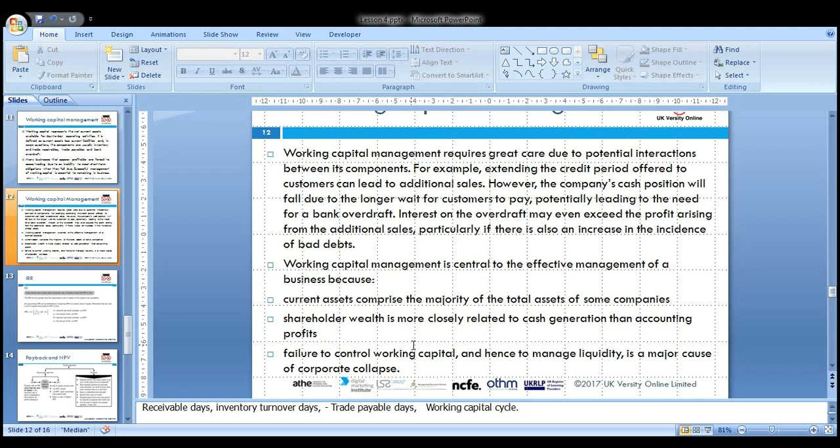So working capital management in our organization needs to be very careful. We need to check the cheques we are getting from the customer. As soon as we get a cheque, we deposit it in the bank quickly so that we don't stay behind in terms of payment. That will help us improve our working capital cycle.